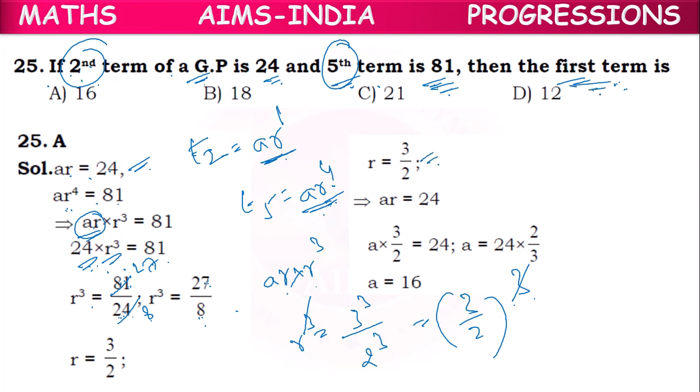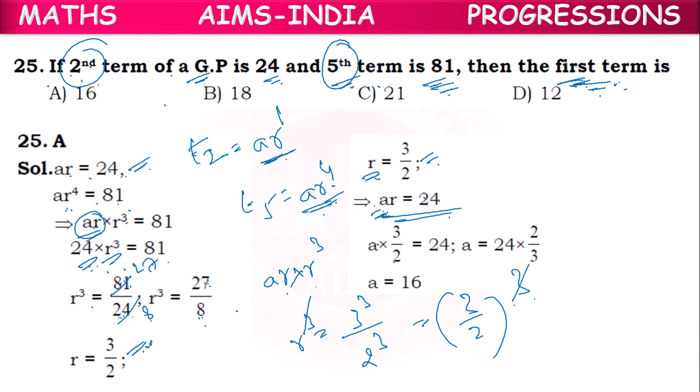So we have to find the first term, which is A. We have got R value here, and AR value already we know from the second term, it is 24.